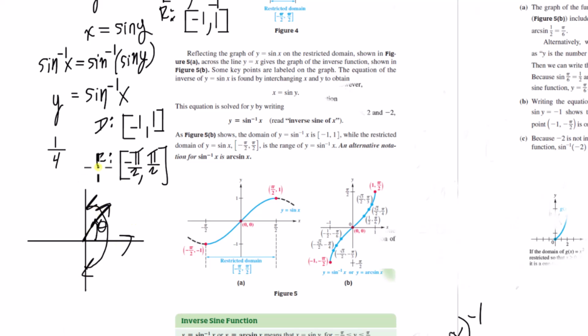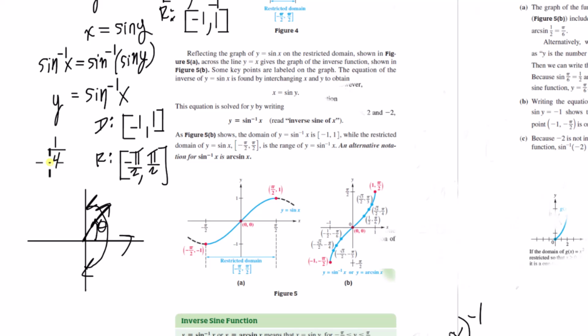So when you say the inverse sine, you're asking what angle this corresponds to. Since this covers the full range of sine, it's going to give you an angle between -π/2 and π/2. It's going to be one unique angle, because between -π/2 and π/2 there's only one angle where if you took the sine of that angle, it's going to give you 1/4. And that's what the inverse sine is going to give you.